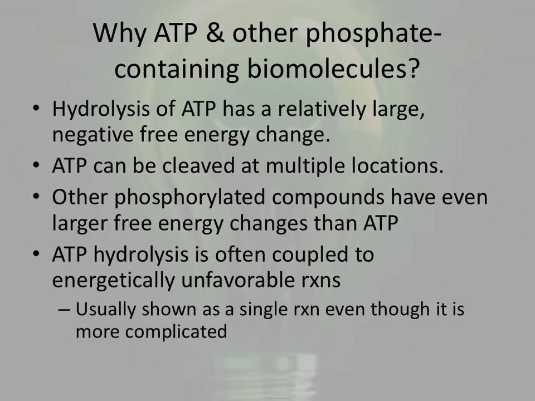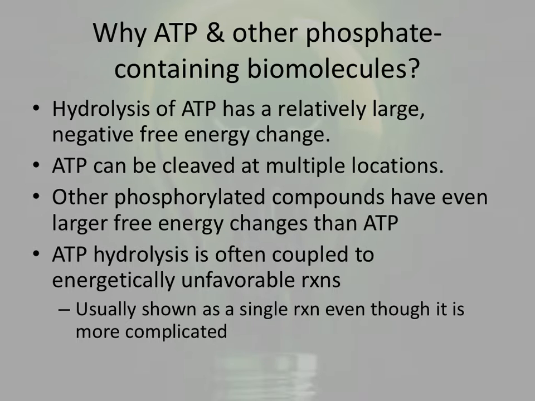Okay, so first off, hydrolysis of ATP, and many times these other phospho-containing groups, are going to have large negative free energy changes, so therefore they can give off a lot of energy. Because of that, you can couple it a lot of times to an energetically unfavorable reaction to make something overall favorable.